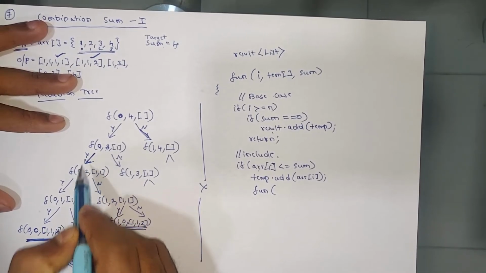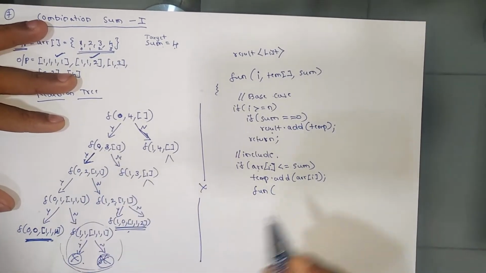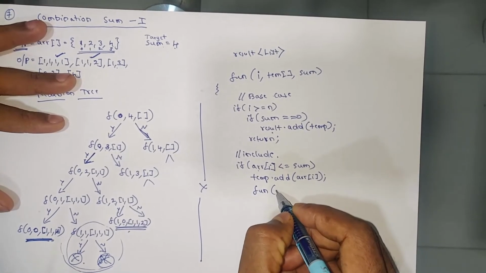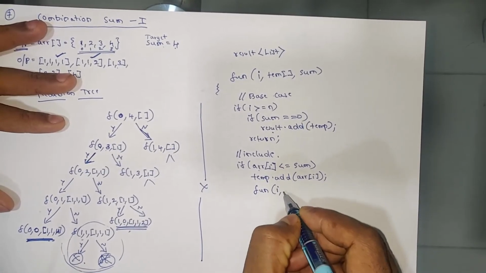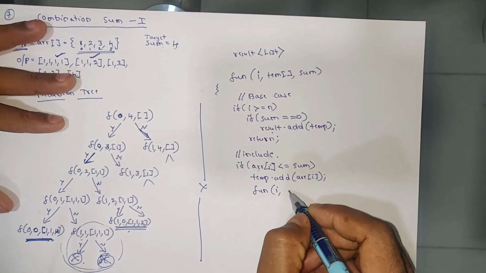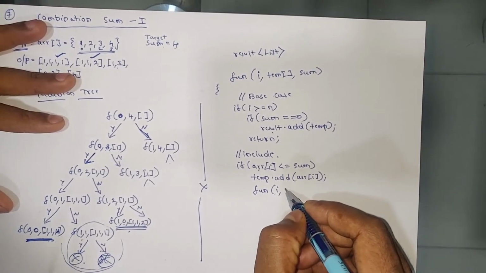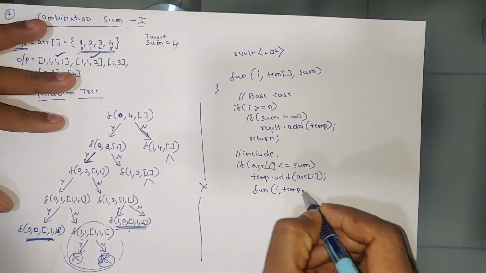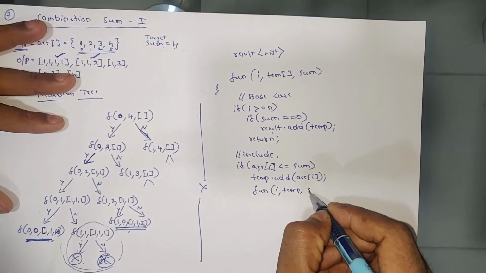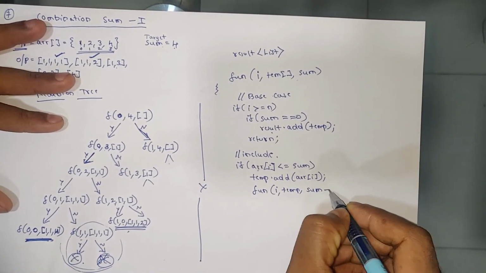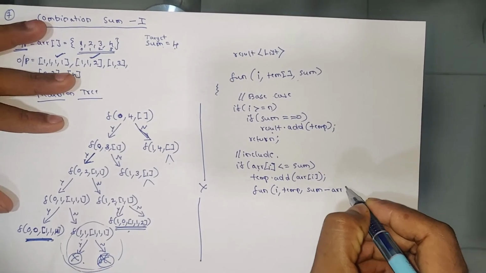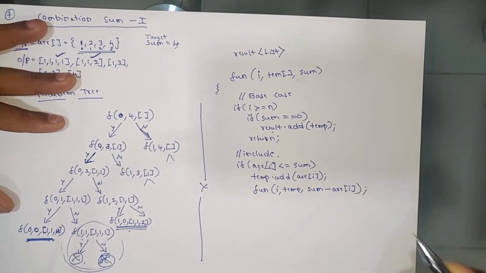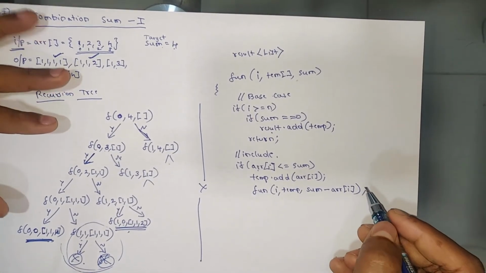In the case of inclusion, the index will be the same, as I mentioned in the recursion tree. The temp will be as it is, and sum will be reduced: sum minus array of I. Got it?